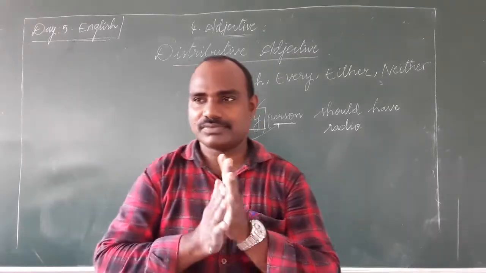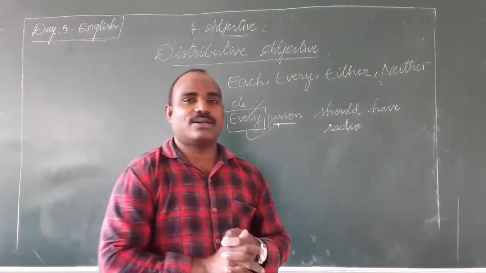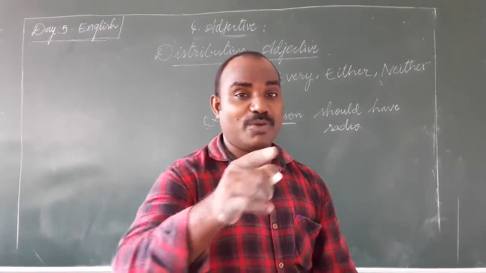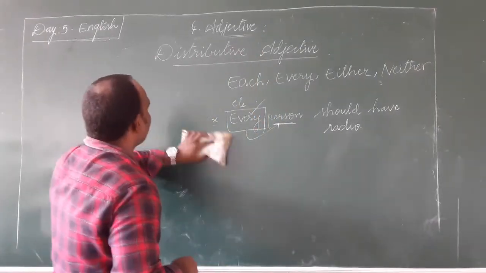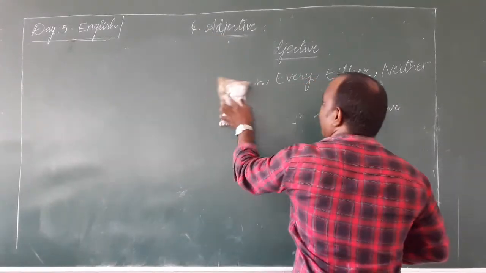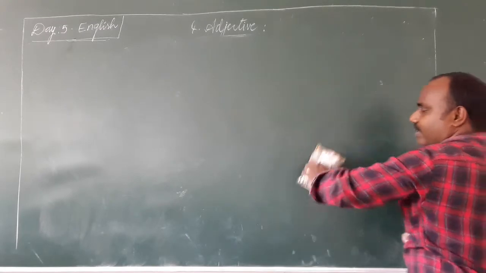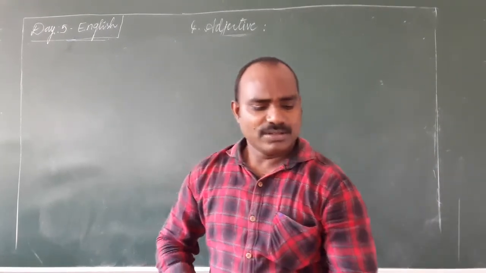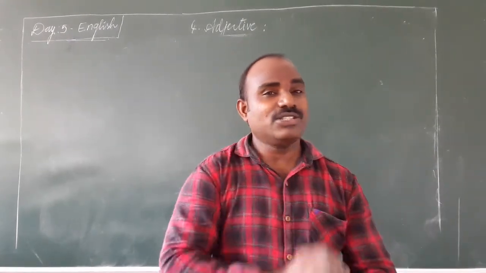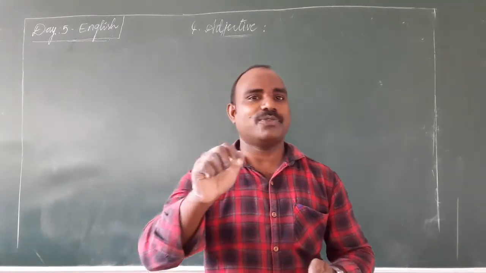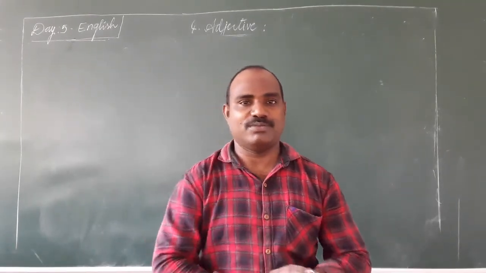And we'll see now the order of adjectives. Not order of adjectives, the formation of adjectives. See how adjectives are generally formed. That is called formation of adjectives. How can we form them?